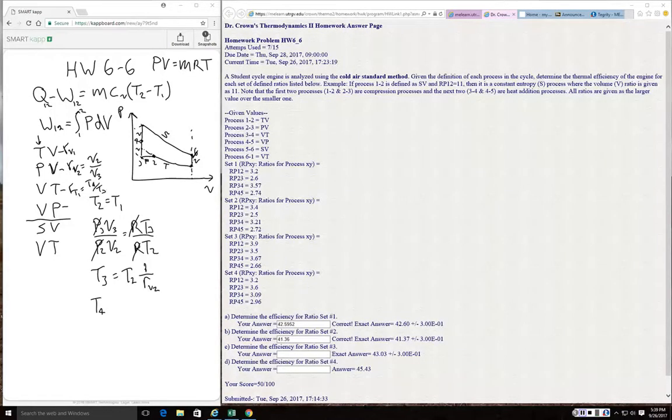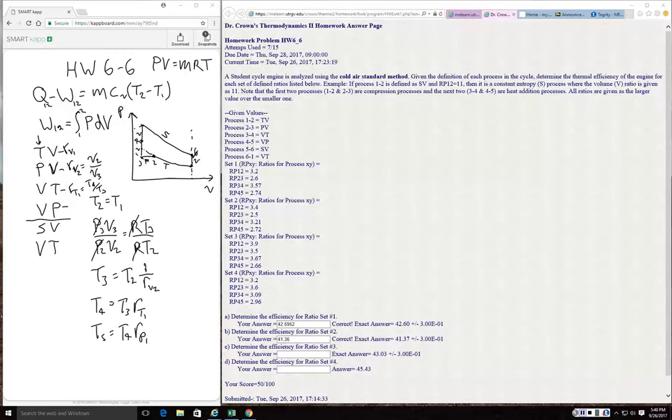So this is just going to be T3 times T1, 1 being the first temperature ratio that I'm using. And then the next process is a pressure ratio given. So T5 equals T4 times R P1. That one's a little maybe harder to understand.